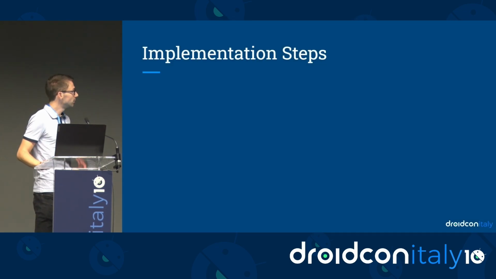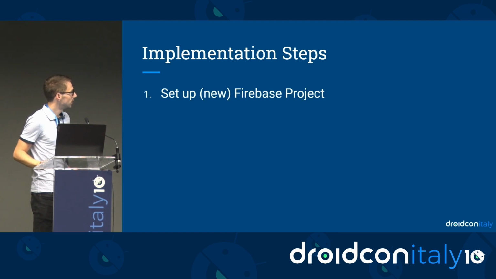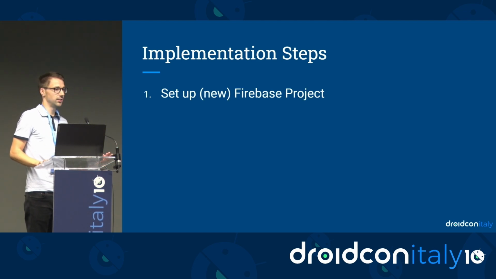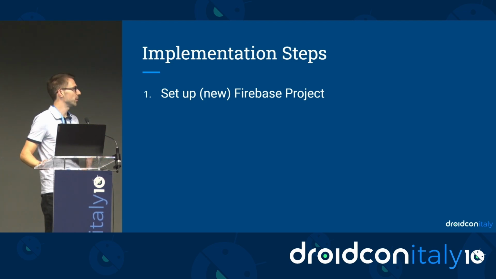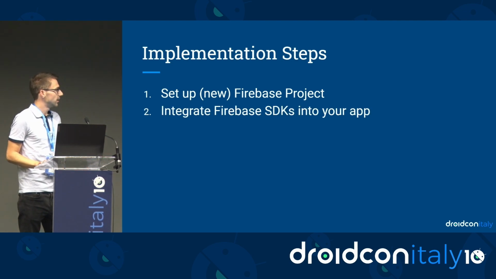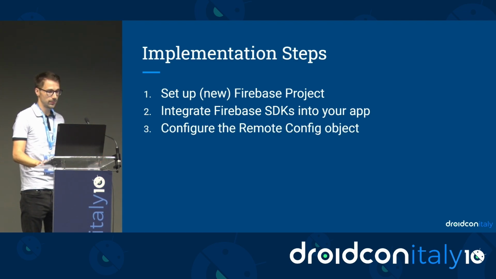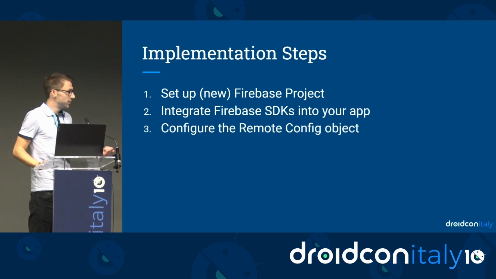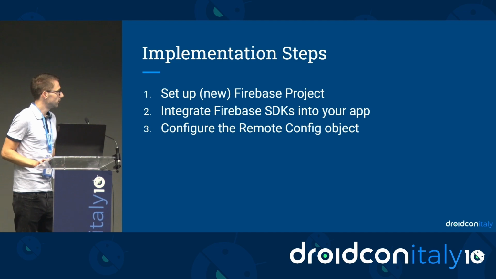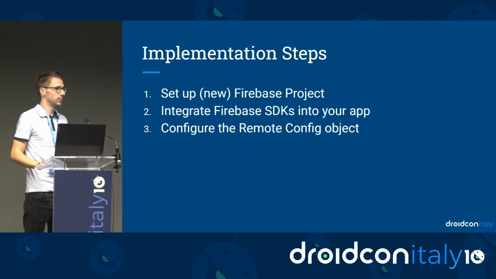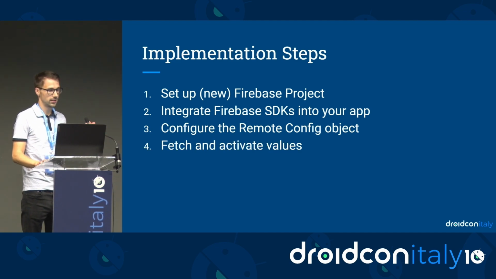So yeah, how do you set this up? The first step, depending on whether you're already using Firebase in your app or not, is that you need to set up a new Firebase project. Then you need to integrate the Firebase SDK into your app. That gives you access to the remote config object, which you then configure.